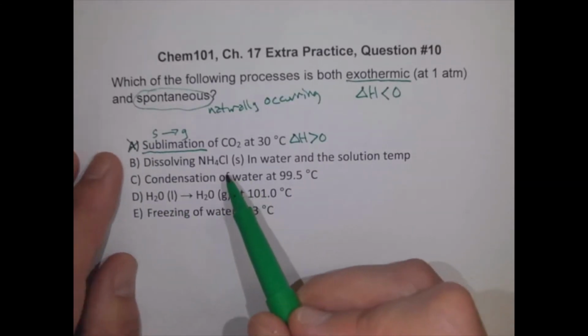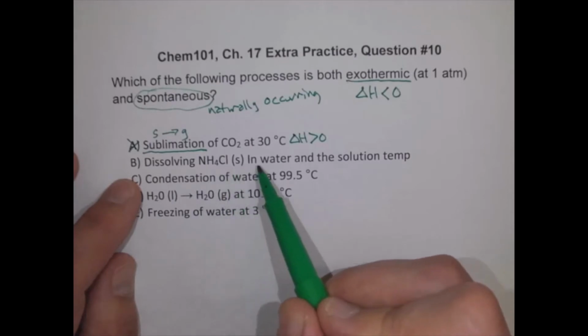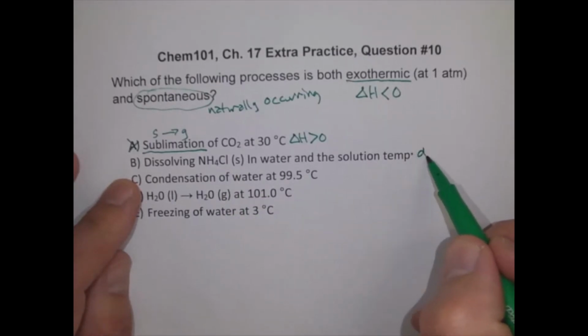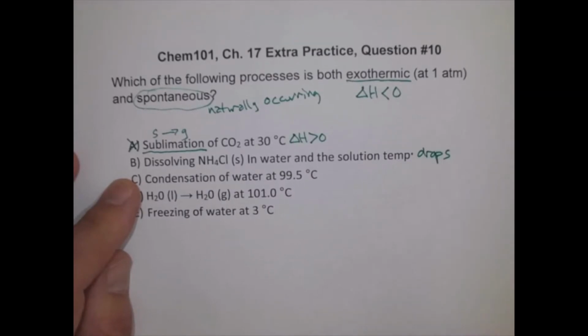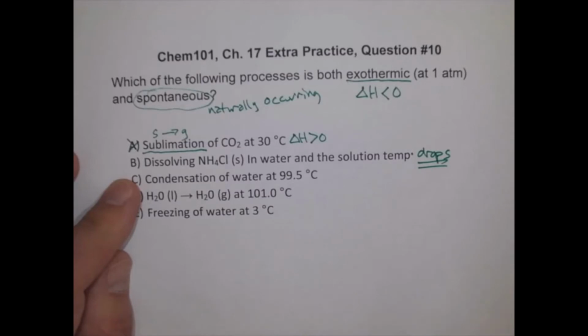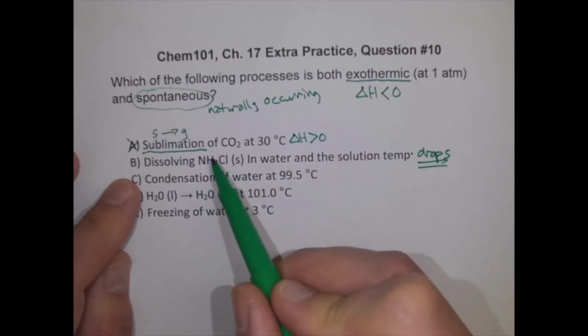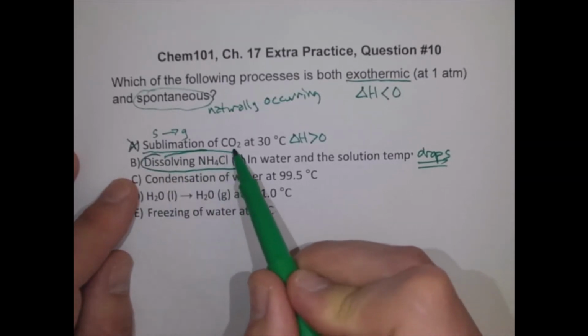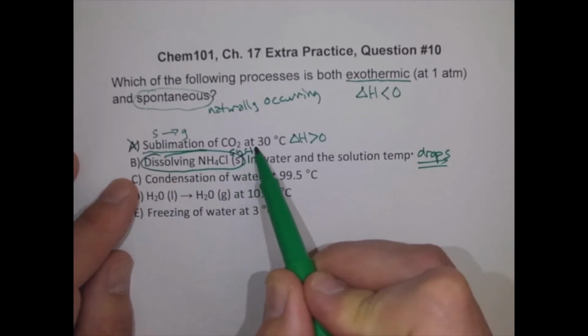Now the next one here, dissolving ammonium chloride in water and the solution temperature drops. I forgot to put that on the handout, pardon that. So that's the key thing. It tells us that the temperature of the solution goes down. In this case, it's important to identify your system and your surroundings to get the sign on the enthalpy change. So we're going to say that the dissolving of the ammonium chloride, that's our system.